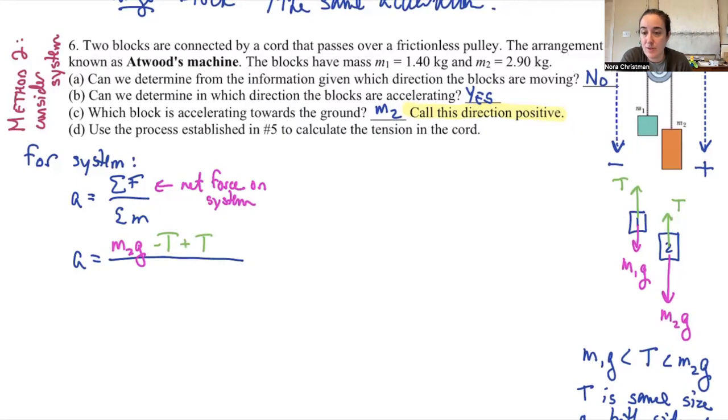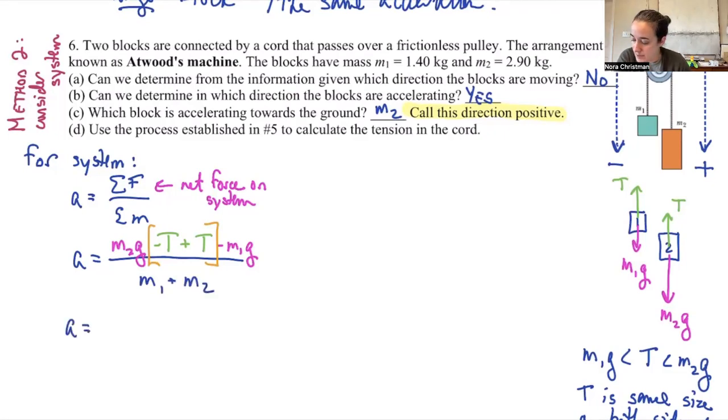Even though it's also pulling up, it's pulling in the positive direction because it's working in the direction of the acceleration. But then working against that, I have M1G. Like we saw earlier, the internal force cancels out. It's not going to affect the overall acceleration. In the denominator, we need the total mass of the system, so that's M1 plus M2.